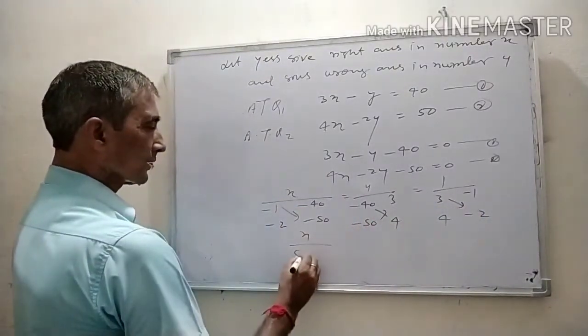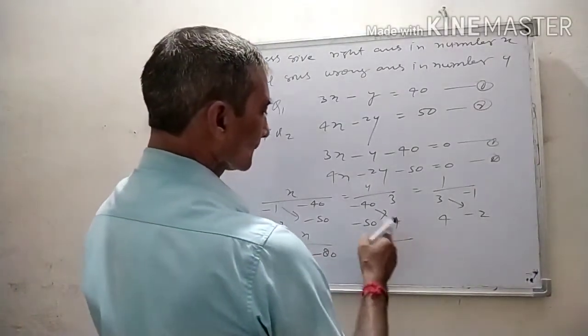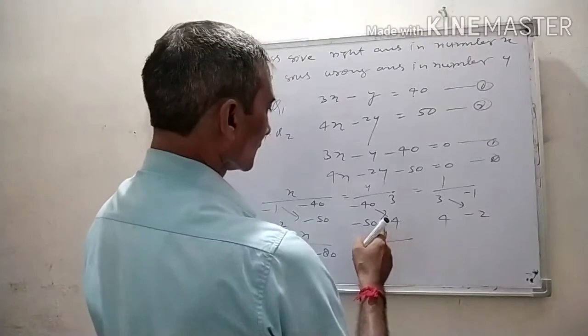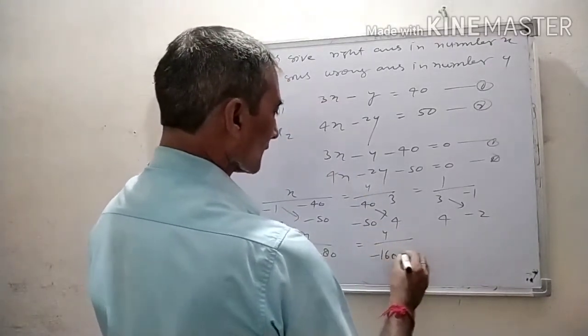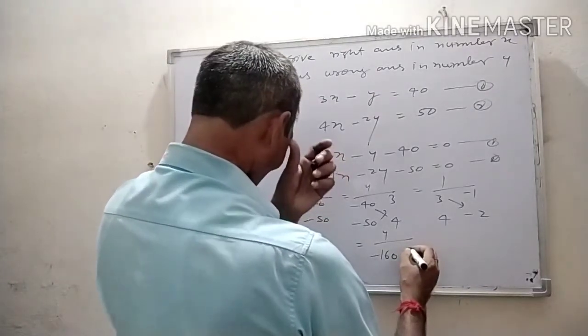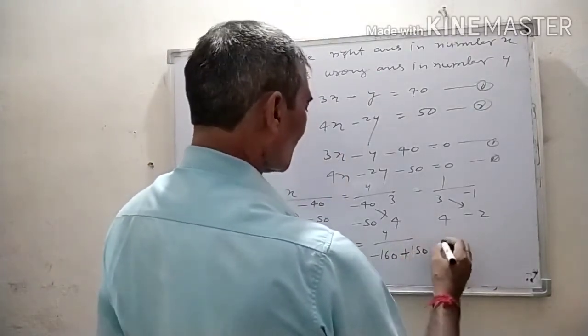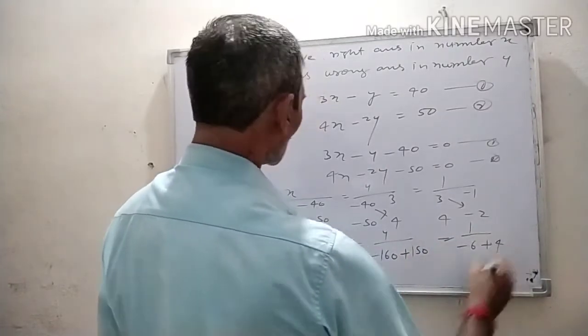X upon 50 minus 80, y upon minus 160 plus 150 equal to minus 6 plus 4.